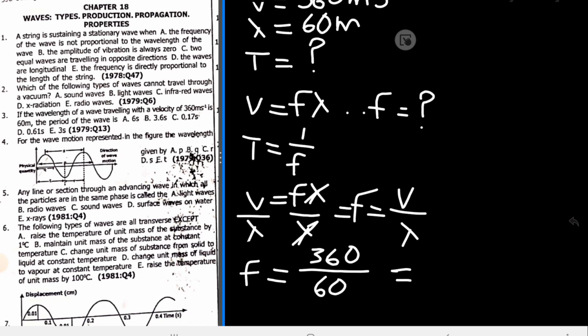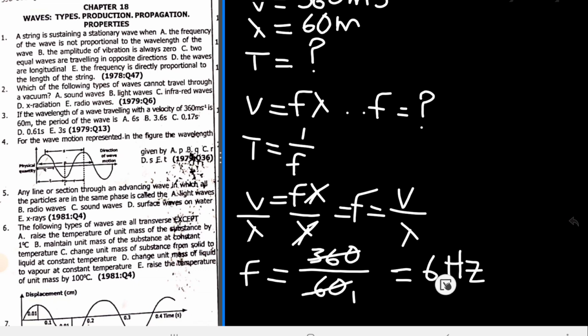It's like 36 divided by 6. 6 times 6 is 36. You put 6. That's why you need to learn multiplication. But no worry if you don't know it yet. If you punch your calculator, 360 divided by 60 goes inside 6 times. So this one will be 6 hertz.